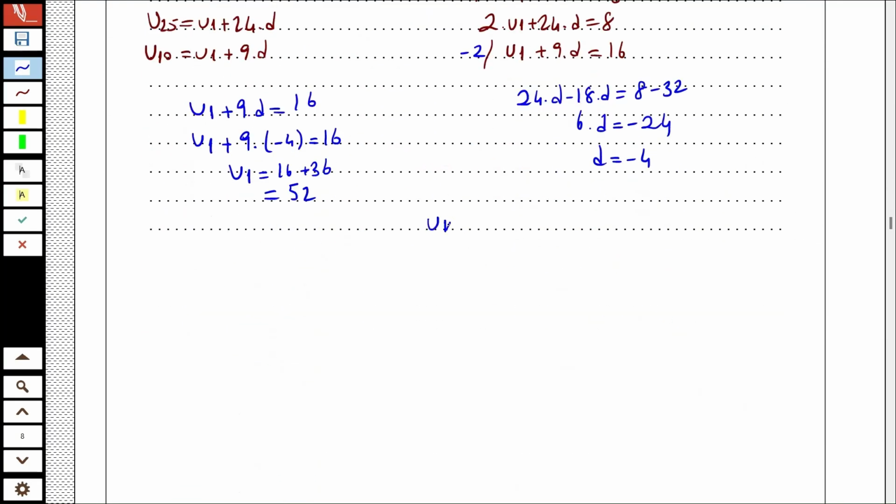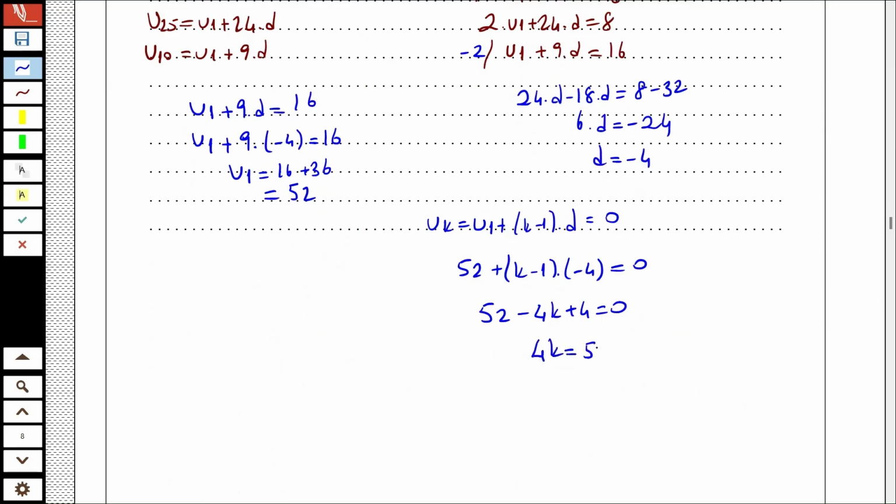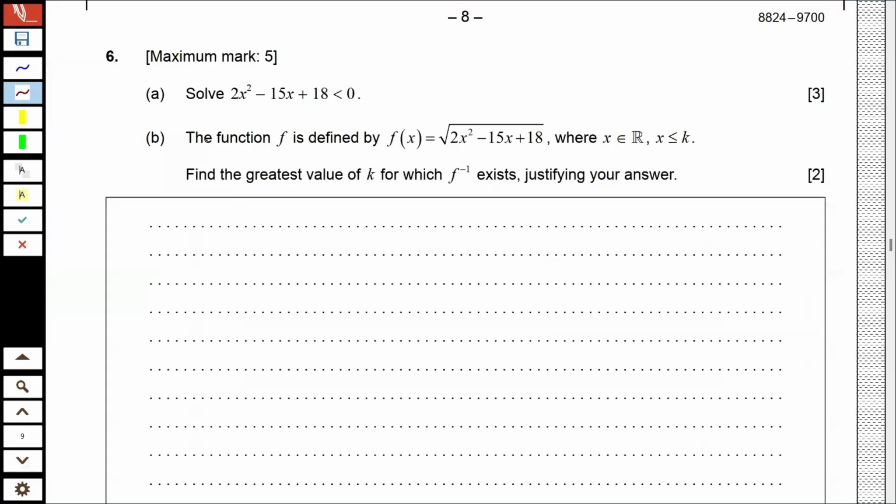So for Uk, you can write U1 plus k minus 1 times D, and it's going to be 0. We know that U1 is 52 plus k minus 1 times D, and D is minus 4, equals 0. So 52 minus 4 times k plus 4 equals 0. So 4k equals 56 and k equals 14.